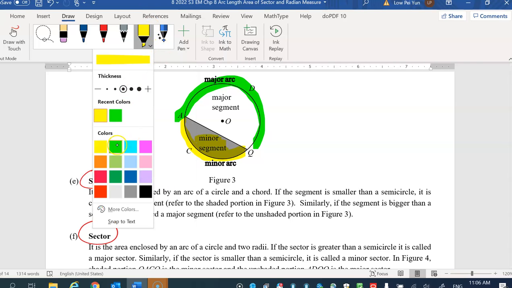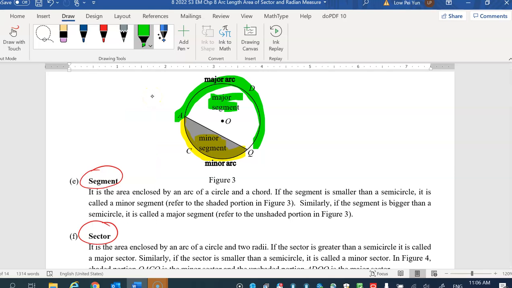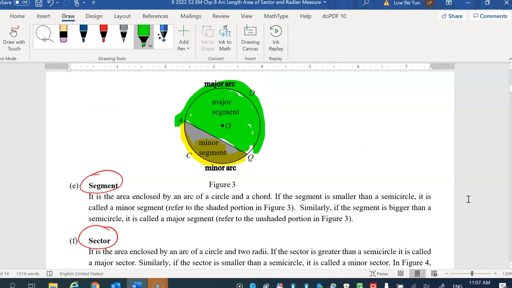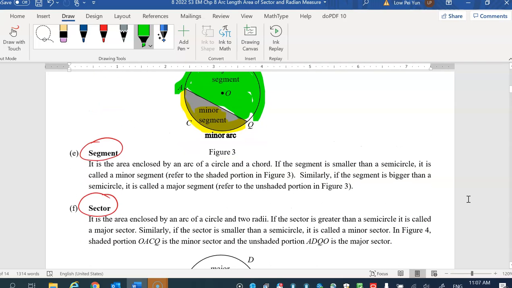Over here you have the major segment, the area formed by the arc and the chord. Since it's bigger than the semicircle, it is a bigger part of the circle, so it's called a major segment. Okay, so you can read on the definition, and this is the same as what I've explained.